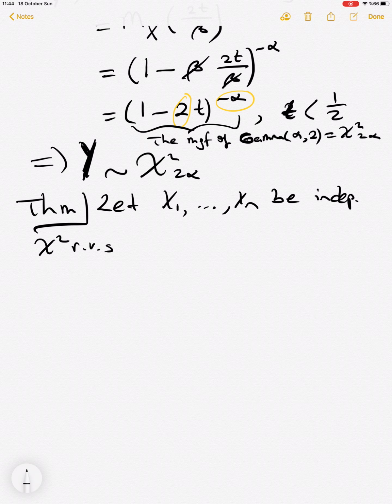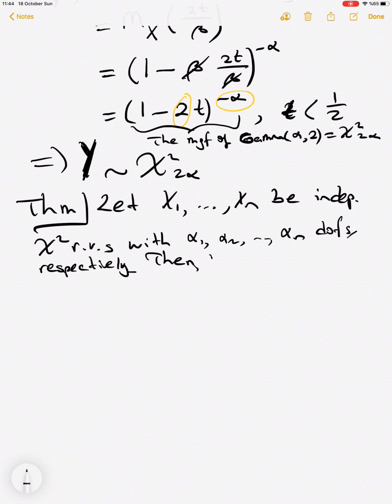Since they are not identical, they all have different alpha parameters. We assume it like that, alpha i and degrees of freedom respectively. Then the sum, which is Y equals summation Xi.